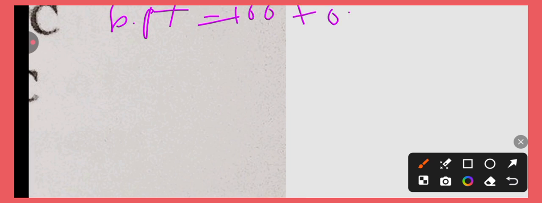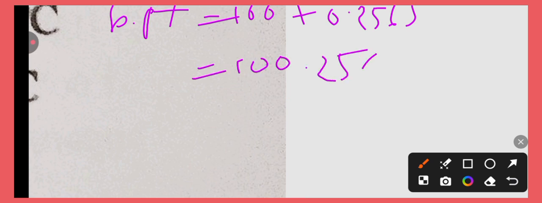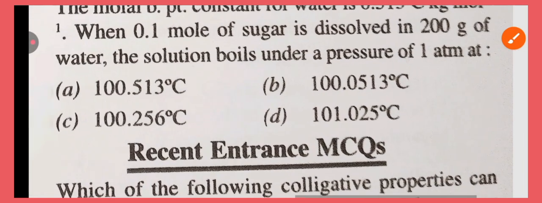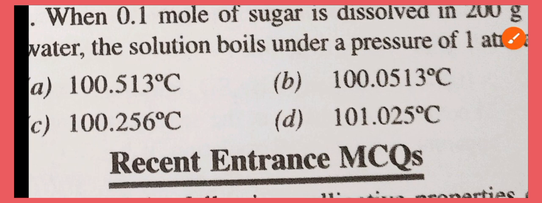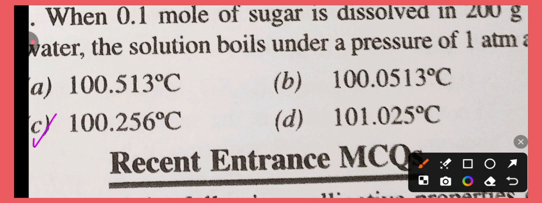Let's add this. Boiling point is equal to 100 degrees Celsius plus 0.2565 is equal to 100.256, which will be the answer. Let's look at the options. Here option C will be the correct answer.